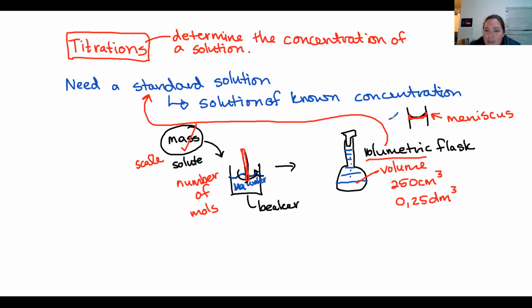When we make something up, we must make sure that our eye is at exactly the right level to view the bottom of the meniscus to avoid the error of parallax. The error of parallax comes in when you are looking at something but from a slightly different angle. Just to give you a bad example of an error of parallax, whenever I'm in the passenger seat and my husband's driving, we've got a speedometer where it's a needle and it's raised slightly from the dashboard.